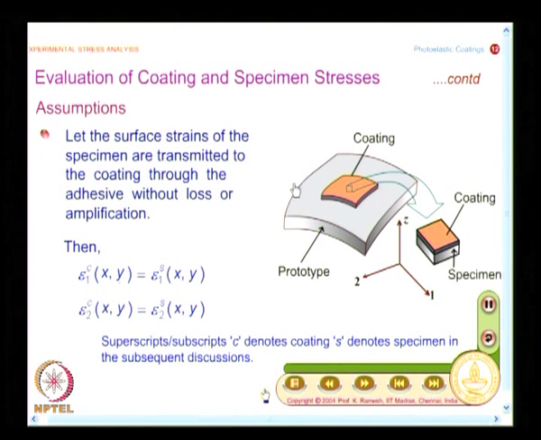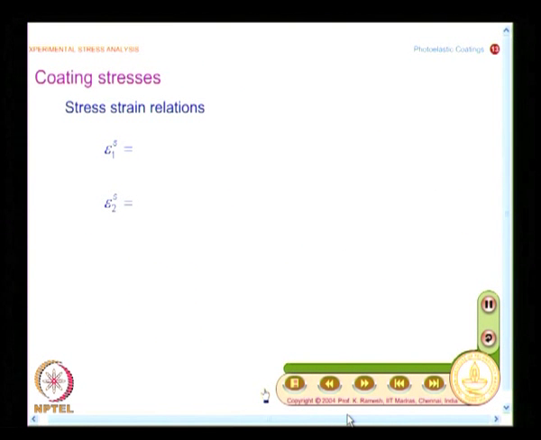How do I go about it? I am just going to make a beginning, and then later you do the development at home and come back for the next class. I can look at the stress strain relations, which you know very well. Looking at a plane stress situation, I can write epsilon 1 s simply as 1 by E s into sigma 1 s minus nu s sigma 2 s. These are all very well known equations.